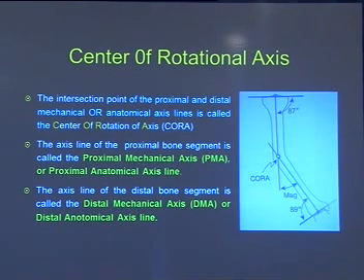The axis line of the proximal bone segment is called the proximal mechanical axis or proximal anatomical axis, because in tibia it is more or less the same. Mechanical axis and anatomical axis of the tibia is the same, but in femur it is a little different. The axis line of the distal bone segment is called the distal mechanical axis or distal anatomical axis.